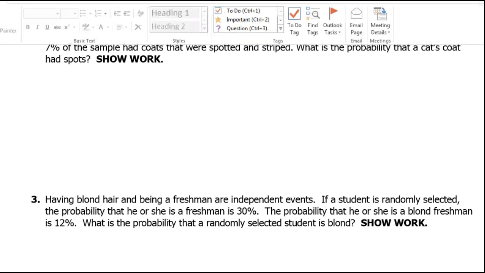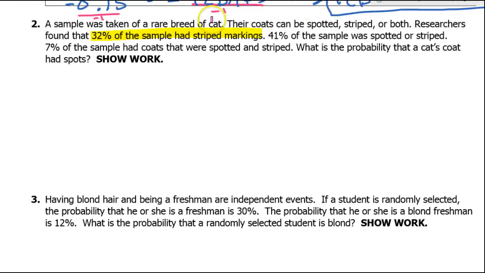Interesting. I see the word or again. Okay, 7% were spotted and striped. What is the probability that a cat's coat had spots?